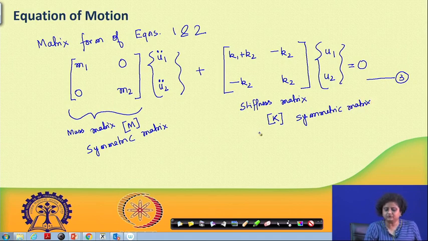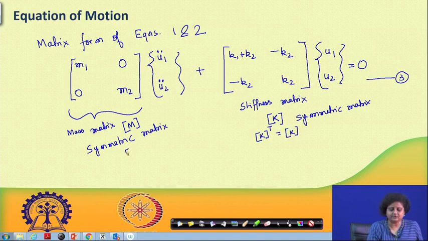To revisit the definition, K transpose is going to be K and M transpose is going to be M.